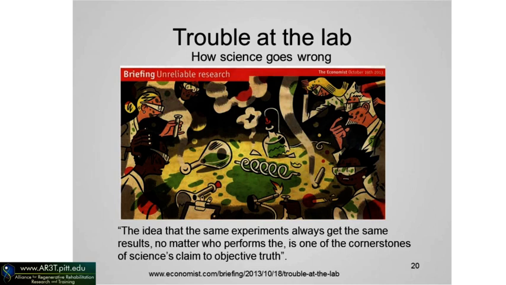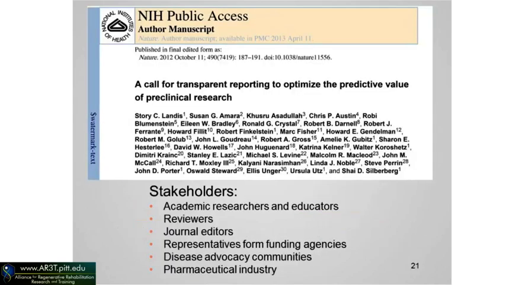Why did this all happen? In 2012, there was a groundbreaking paper that appeared in Nature. How many of you know about this paper? Okay, so maybe about 15% of you.